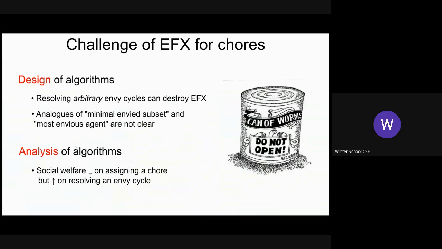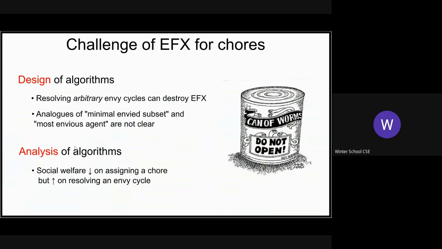The fewer chores, the more desirable the bundle is. So it's not clear how to define these notions in the first place. Even if you want to find an EFX with charity for chores using techniques like this, you first have to define these constructs, and it's not immediately clear how to do that. At least it's not clear to me.